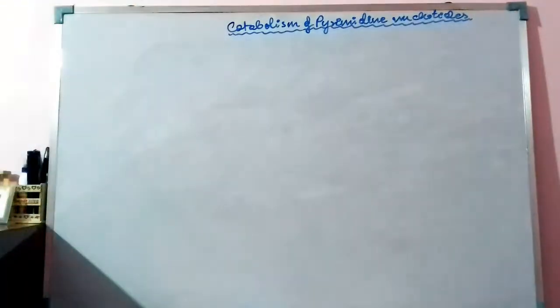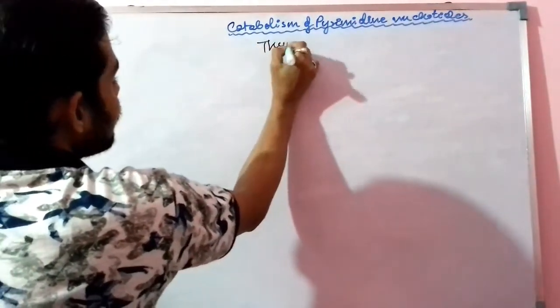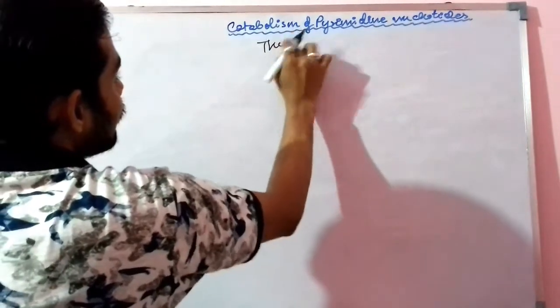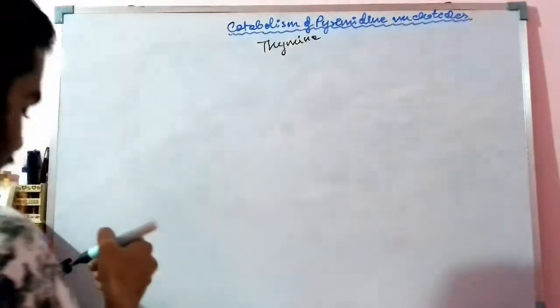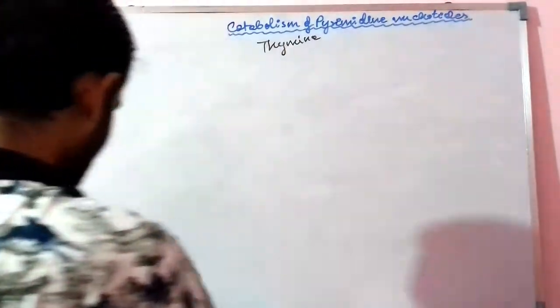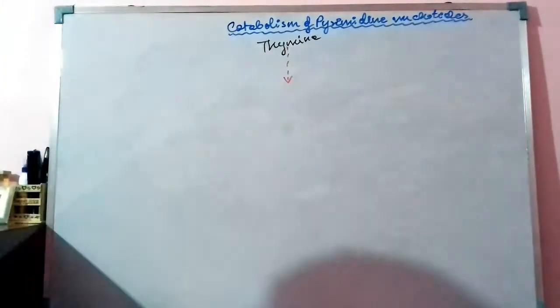So uridylate, thymidylate and cytidylate are the conventions that we are going to deal with in pyrimidine metabolism. Now in pyrimidine metabolism, the foremost compound which comes to mind is thymine, the nitrogenous base. This thymine is the nitrogenous base of the pyrimidine, right?